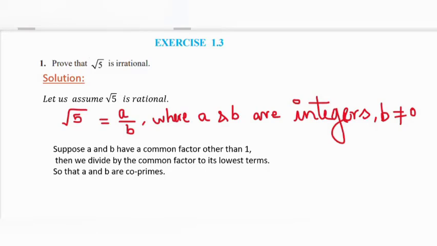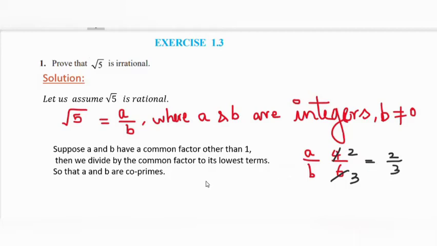For example, if a by b is of the form 4 by 6, isn't it? We have the common factor 2, that is, it can be divisible by 2. So 2 2s are 4 and 2 3s are 6. So its lowest term will be 2 by 3.